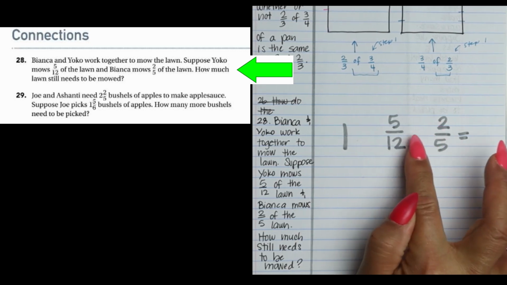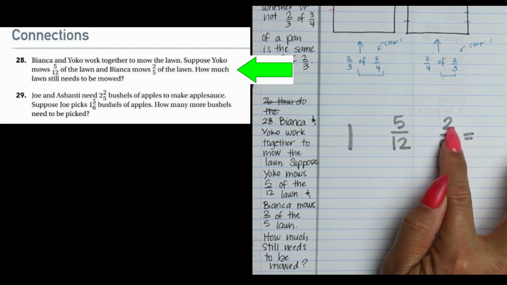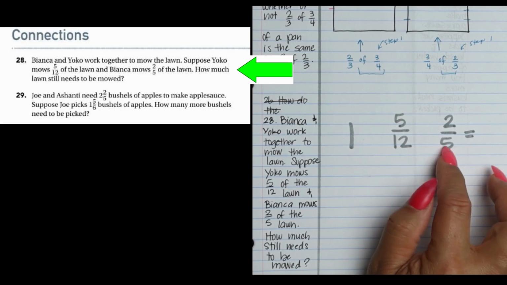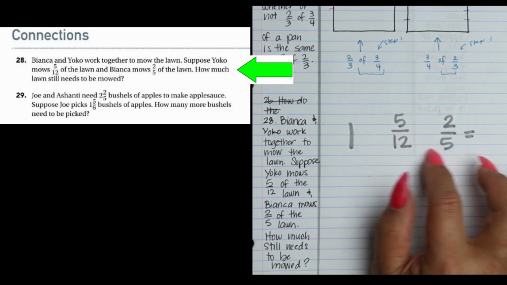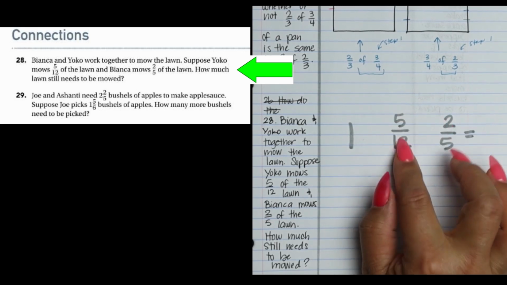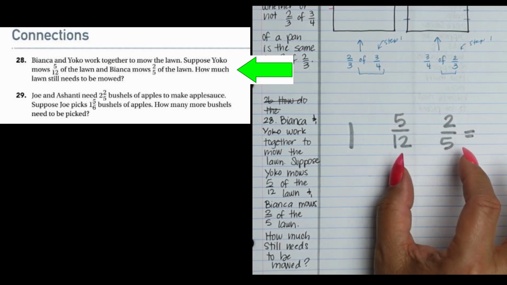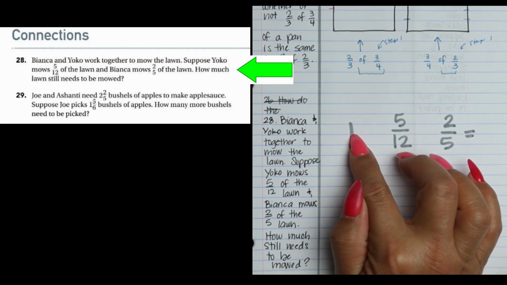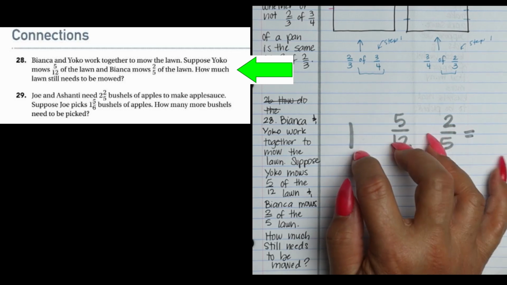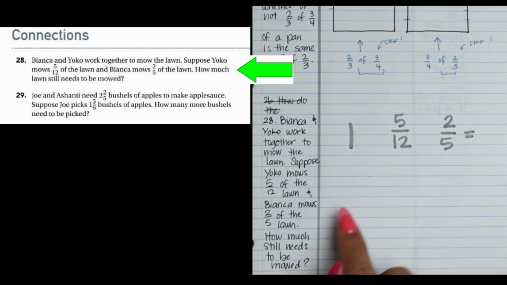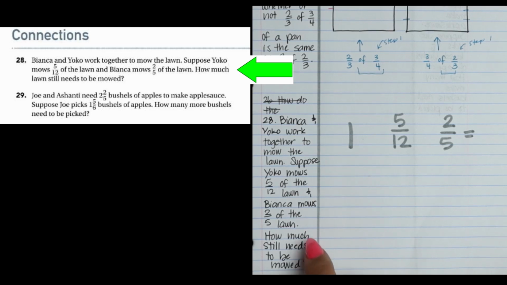And then at another time, Bianca mows 2/5. So together, this is what the girls mow. Would you add, subtract, multiply, or divide these two fractions if this is the fraction that each girl mowed? And this is what needs to be mowed, 1 whole. What would you do to these 3 numbers to find out how much still needs to be mowed? Still needs. Is that add, subtract, multiply, or divide?